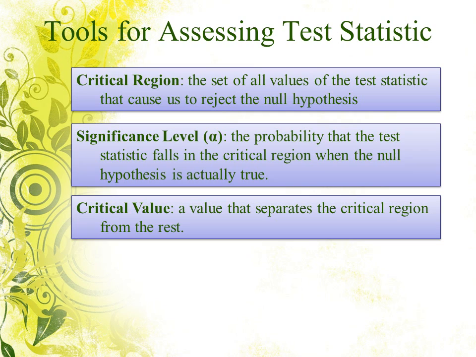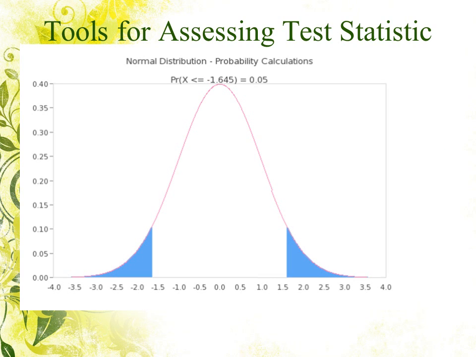A critical value is a value that separates the critical region from the rest of the probability distribution. So let's take a look at a normal distribution graph and identify where those three terms that we just mentioned are located. That is the critical region, the significance level, and the critical value.